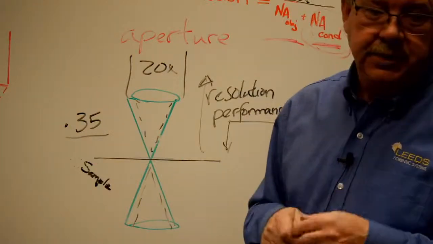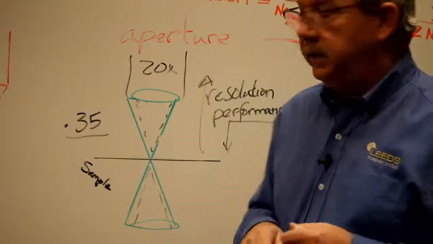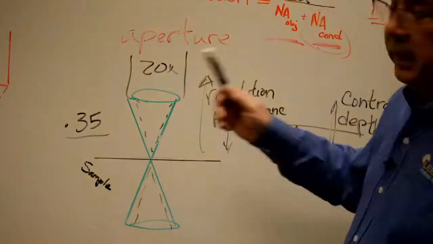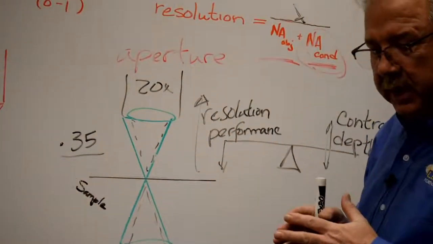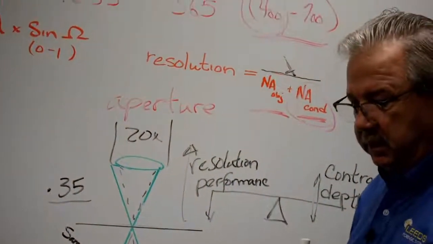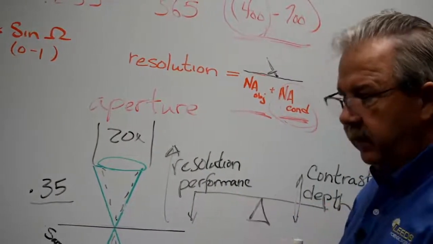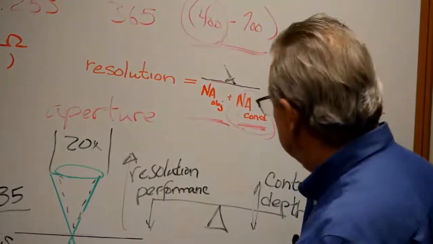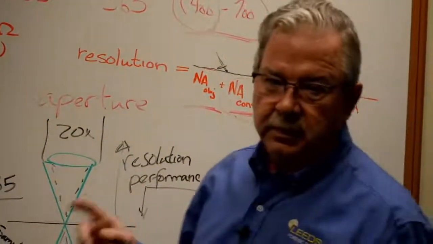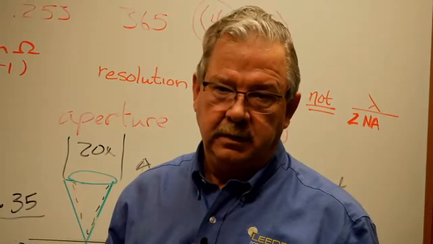But when we close down that aperture diaphragm, it's got the exact same function as it had in a transmitted light objective. As I close that aperture down, my sample starts to gain contrast and gain depth, but it also is going to lose resolution. You'll notice the loss of resolution less at low power than you will at high.